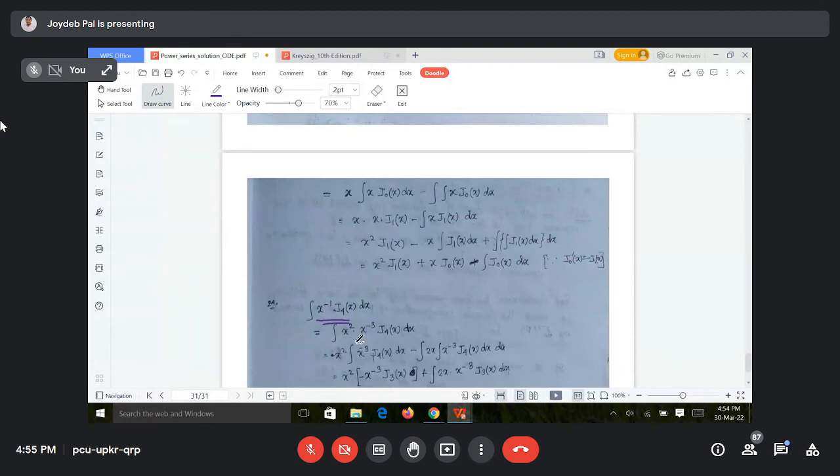So what we are doing is adjusting this integrand in that way: x square into x to the power minus 3 j4 x dx. X square into x to the power minus 3 means x to the power minus 1. Now we think of x to the power minus 3 into j4x as a single function. Now there is a formula for the integral of x to the power minus 3 into j4x dx.